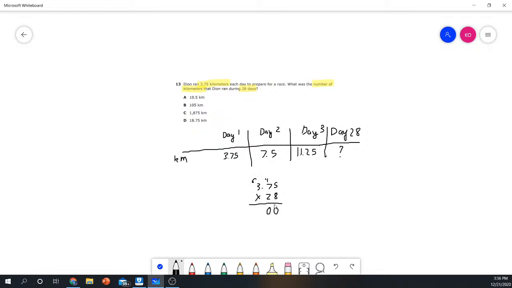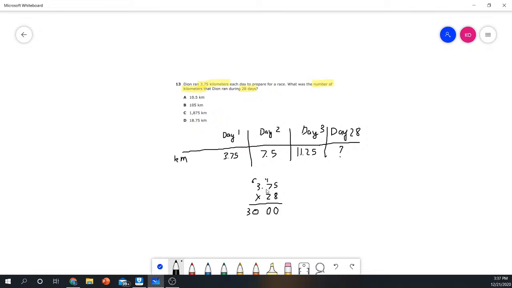Then 3 times 8 is 24, and 24 plus 6 is 30. So 3, 0, 0, 0.